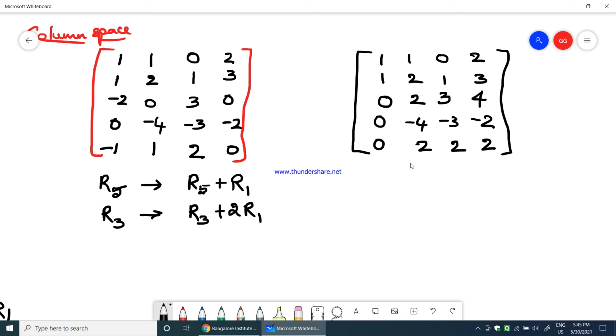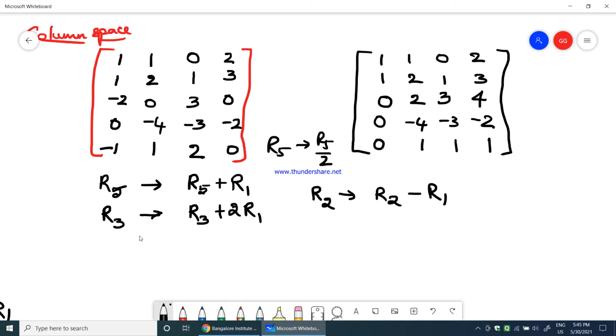Okay, now what I do is I'll divide R5 by 2. If I do that, I think all three elements will become 1 1 1. Okay, the next step is R2 equals R2 minus R1.